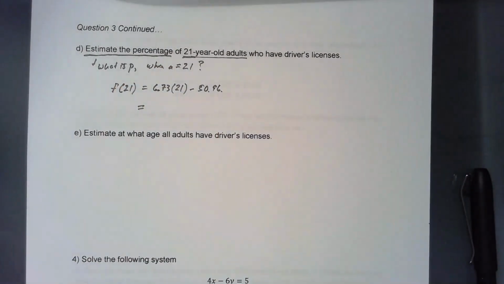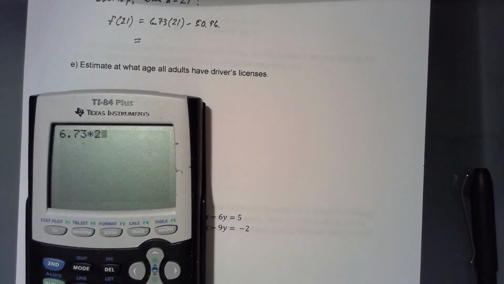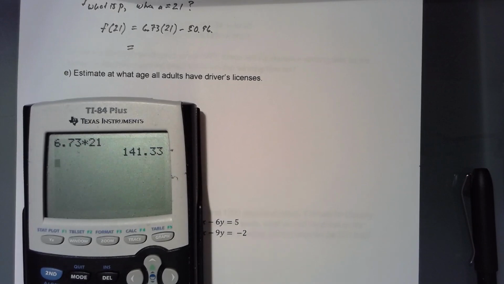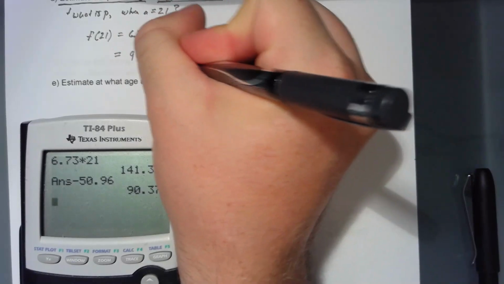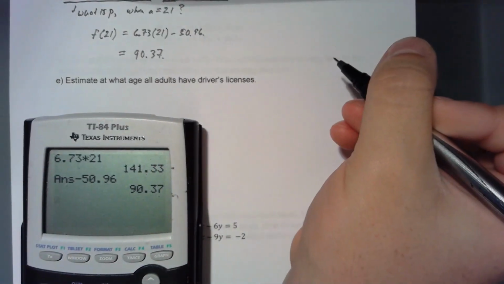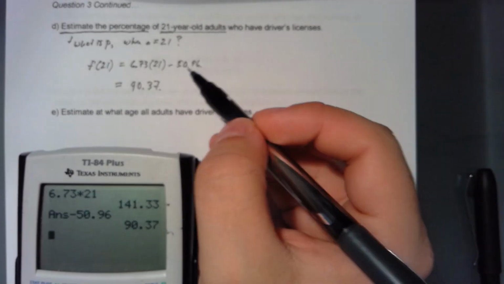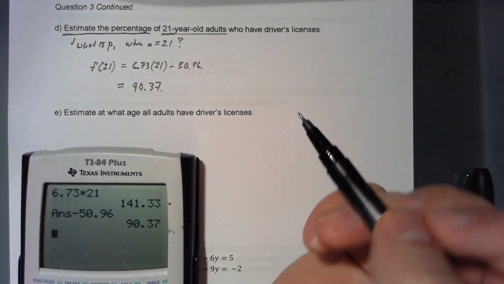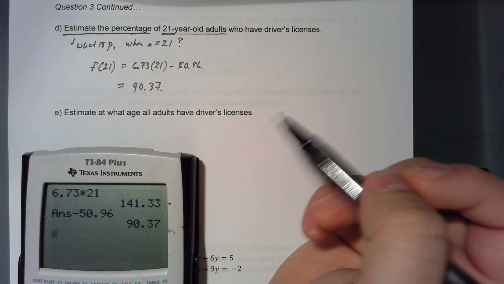So if you do that computation, you get 6.73 times 21 minus 50.96 gives you roughly 90.37. So how many 21-year-olds in the United States have a driver's license? Roughly 90.3%. And that's a realistic result, so that's okay.